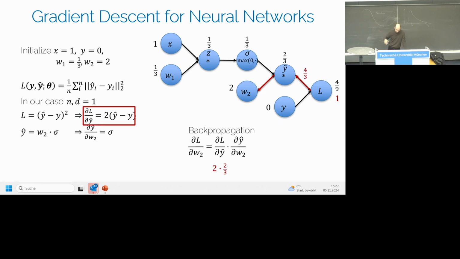And much like I showed you before, you can then propagate these values back down the chain, and you just have to insert the derivative evaluated at the respective location. And that's how you propagate down, and you end up with 4/9 as the derivative of the loss with respect to the weight W2.